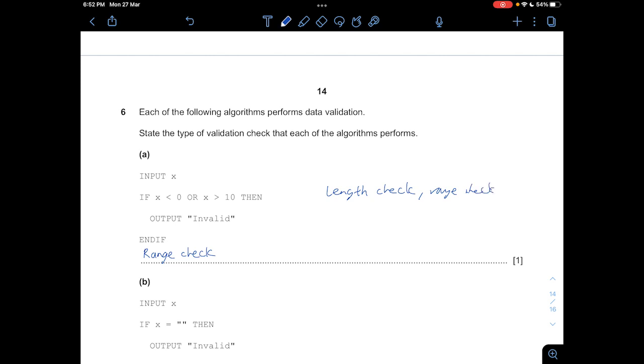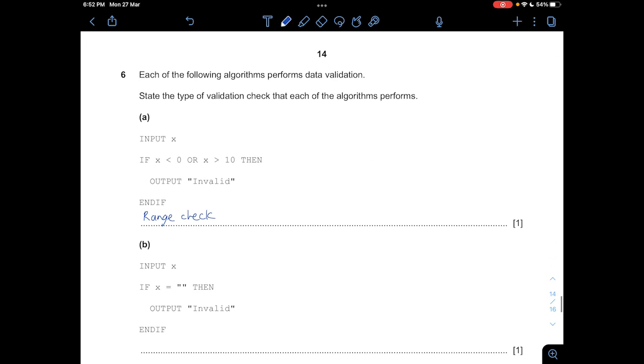Length check would be the number of characters. Like let's say you must have between 3 to 5 characters, something like that. That would be part of length check. Range check is where the value itself must not be over a particular amount in that particular set of instructions they have given. So it cannot be over 10, for example, like for this question.